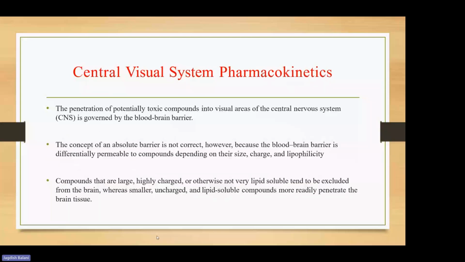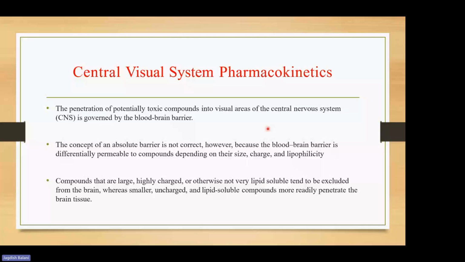Then lastly, as a part of pharmacokinetics, we can see the central visual system pharmacokinetics. In the central nervous system, you might have heard that there are many barriers, called the blood-brain barrier, which controls the transport of any compound to the site of action and may help reduce the toxic effect of the compound by not allowing it to reach the tissue where it may create a toxic response.